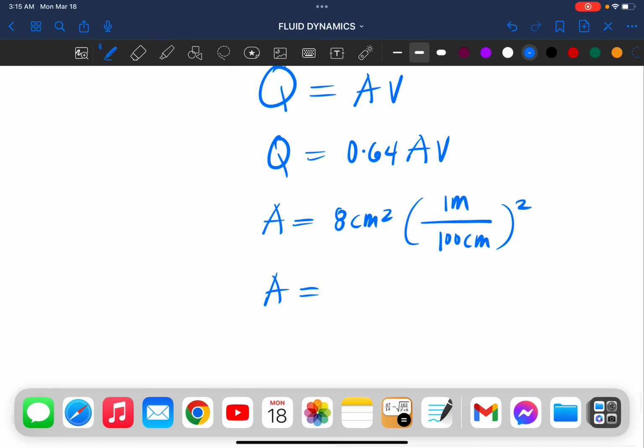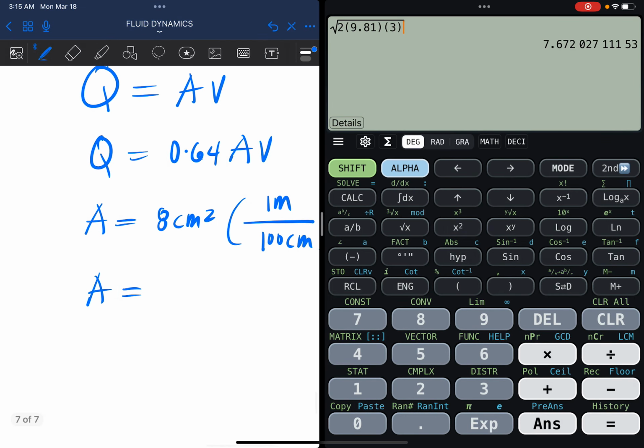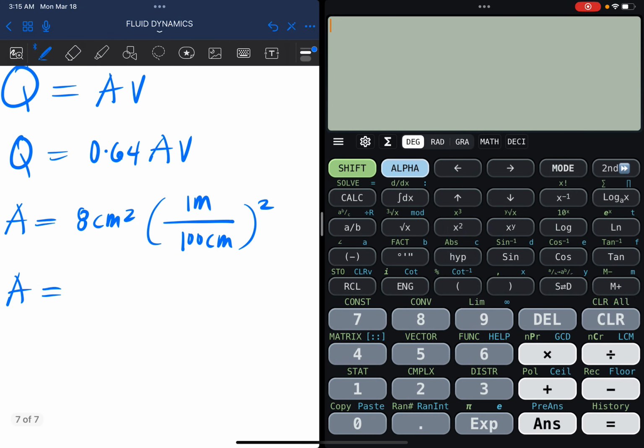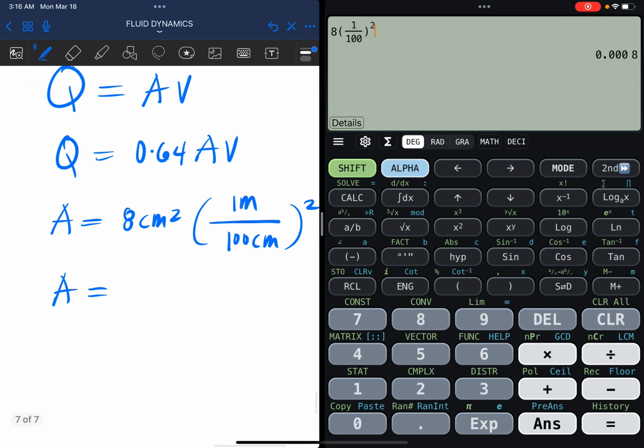Kasi naka-square yung i-convert natin. So, 8 times 1 over 100 squared. So, that is 0.0008. So, this is 0.0008 meter squared.